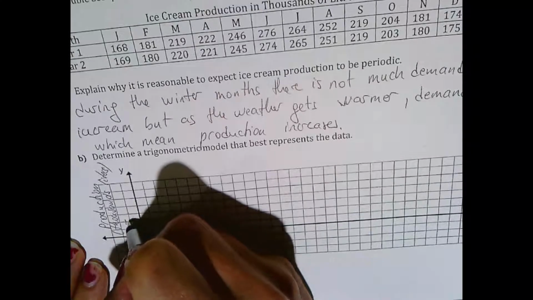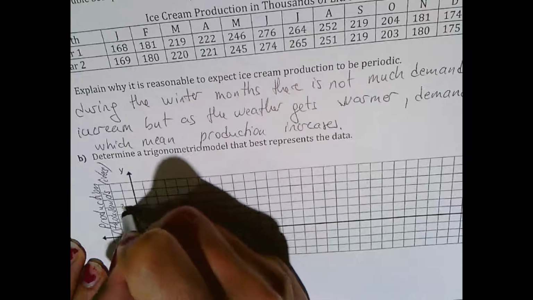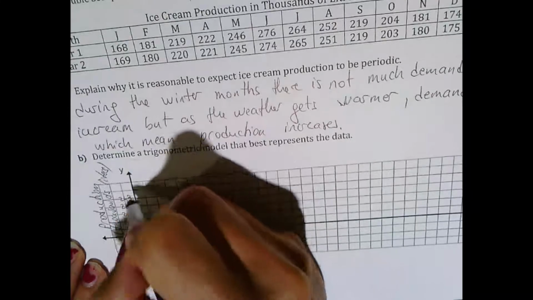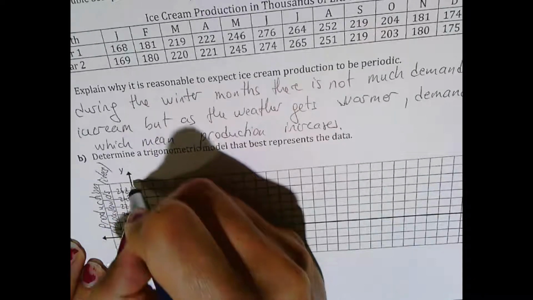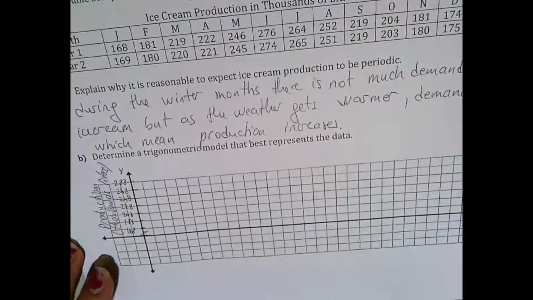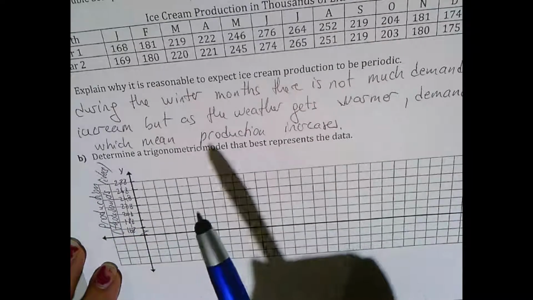So 188, 208, 228, 248, 268, and 288. Okay, and then I'm going to plot these points.